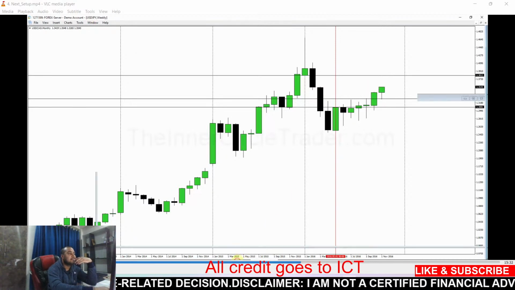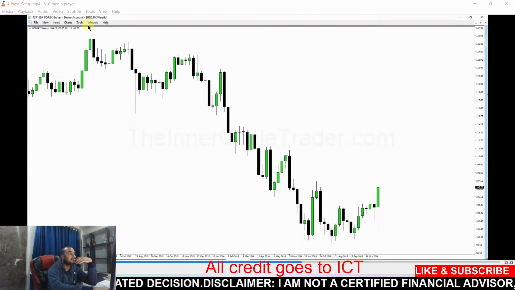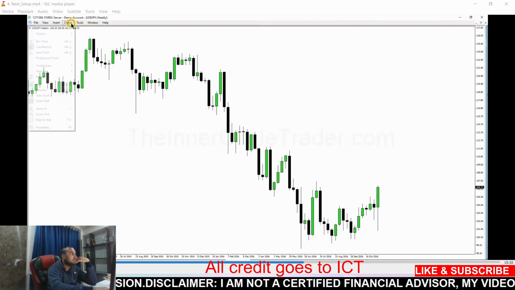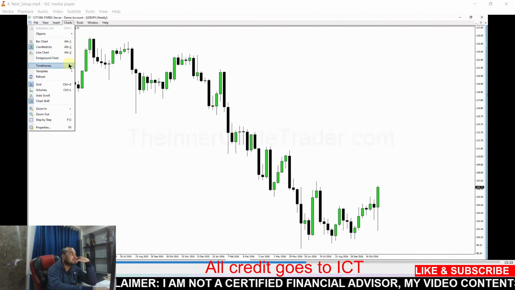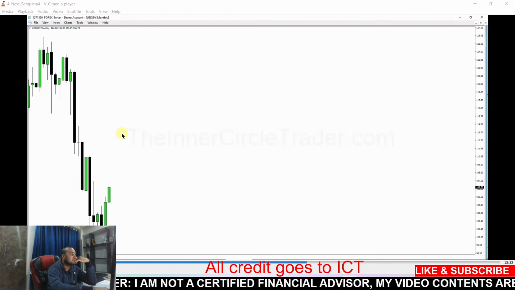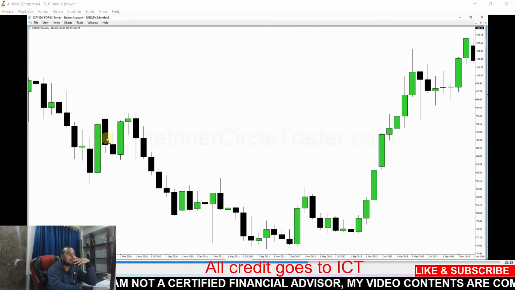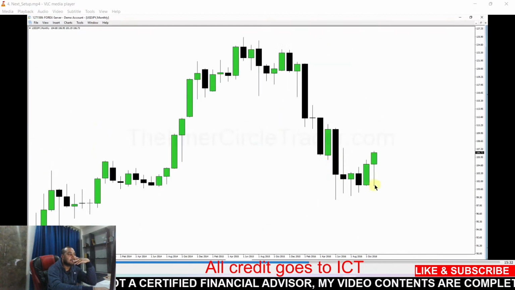Let's look at this same example of study on a US dollar Japanese yen pair. Okay, we have the most recent down candle here.